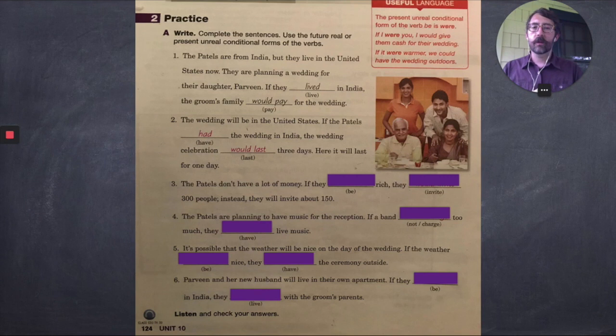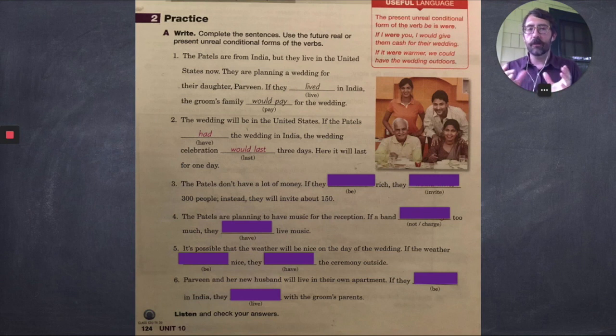So the if clause of the next sentence wants you to imagine what if they were rich, right? And I'm already giving you a hint about what the answer is. So we're imagining the possibility of the Patel family being rich. So we're going to again use the present unreal. Think back to our useful language box.